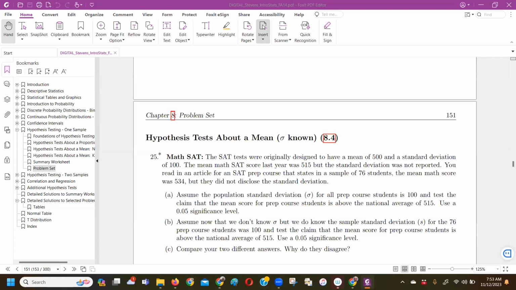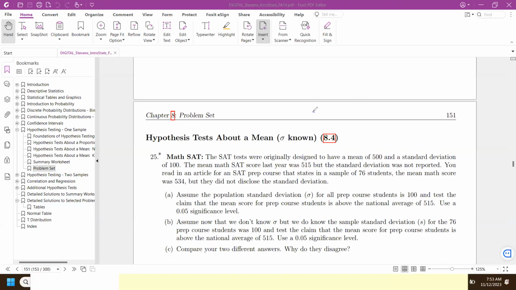So here's what we're looking at. If you think back to that applet that I was just looking at, we've got a normal parent population. They went out and did a sample, and we know that parent population has a mean of 515, not the 500. That's the gold standard, and this is what it just worked out to be that year. And we got a sample of 76 students, and their average score is 534.